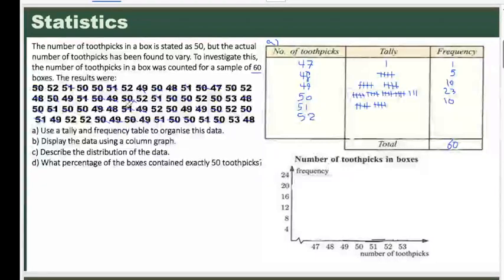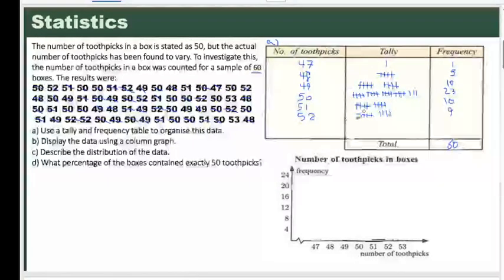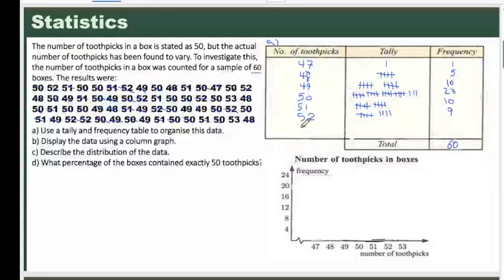And 52: 1, 2, 3, 4, 5, 6, 7, 8, and 9. So one group of 5 and 4 more, so it's 9. And 53 would be the last one.